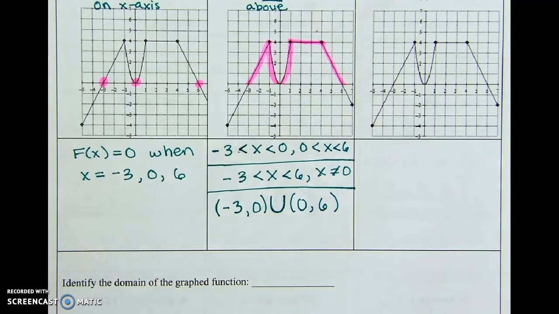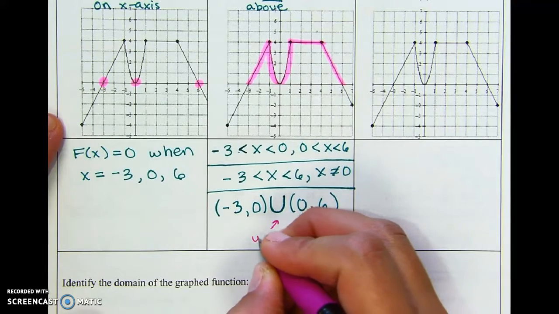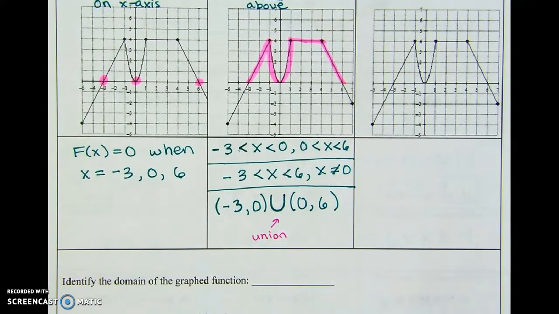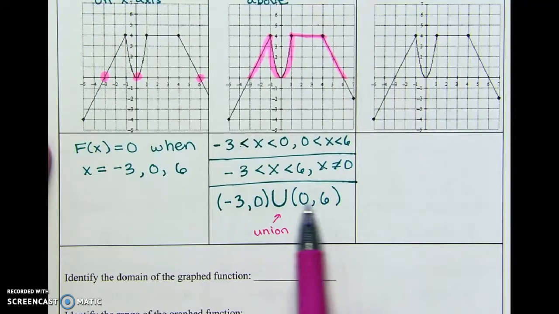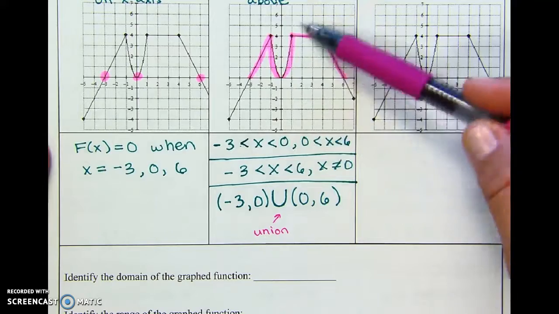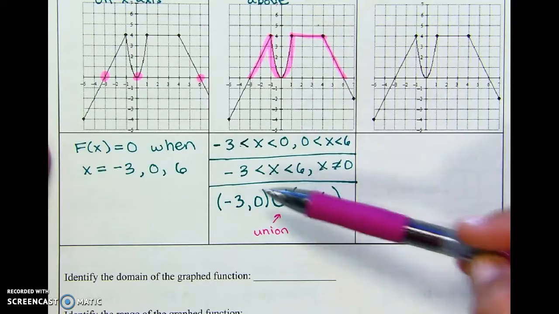So that big U, anyone know what that stands for? It means union. What does union mean? To unite. What does that mean? To like bring together. So we're saying this range of values and this range of values are all above the x-axis. Remember how we started this problem?